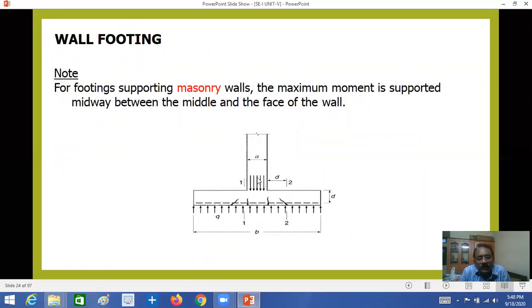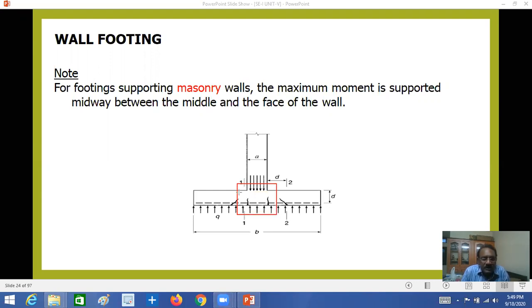And also if you see d by 2, that is punching shear. What is punching shear? At d by 2 you will have the punching shear that will act on the footing. How it acts, I will show you with an example, right? See, this is punching shear, so the shear failure may be like this.